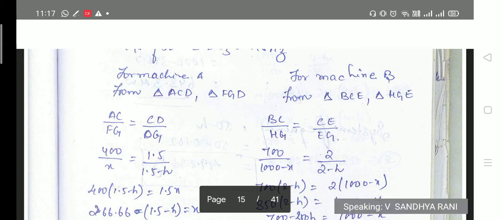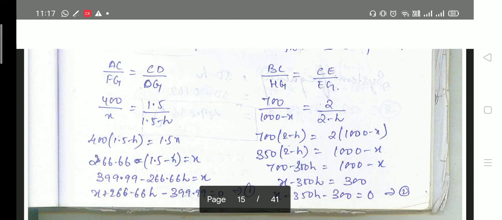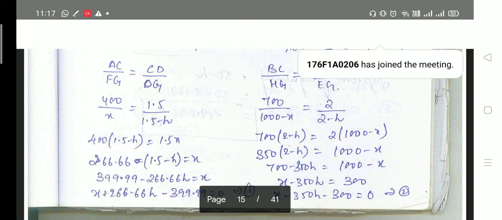So substitute here. Then cross multiply both the values, that is 400 into (1.5 minus H) is equal to X into 1.5. After that, 400 into 1.5, that is 266.66.